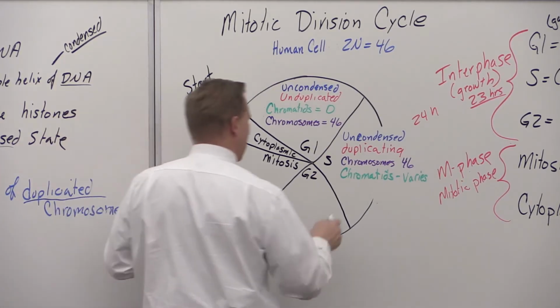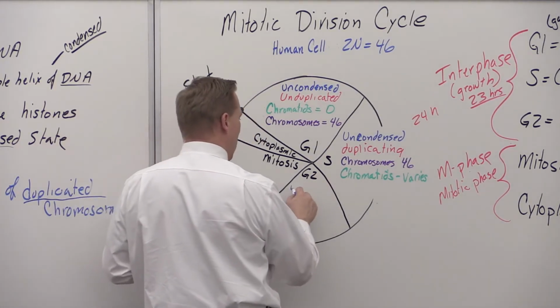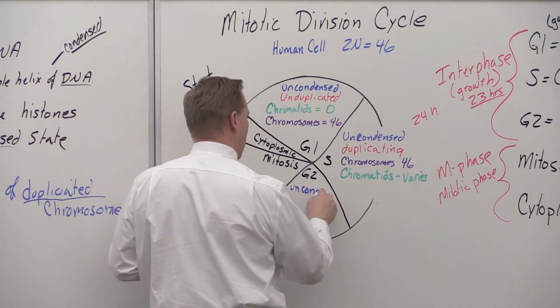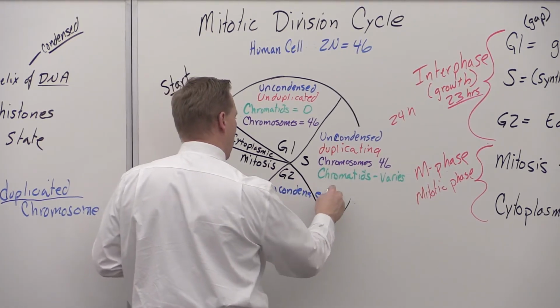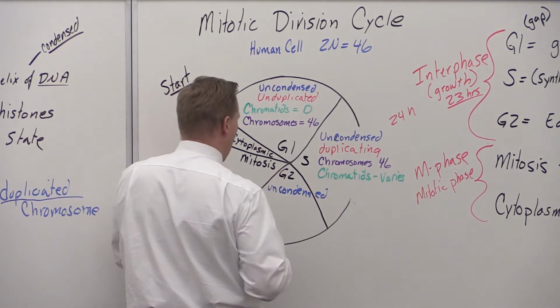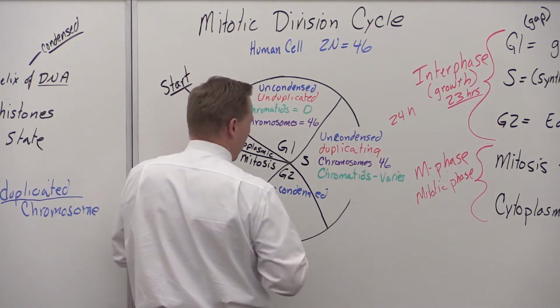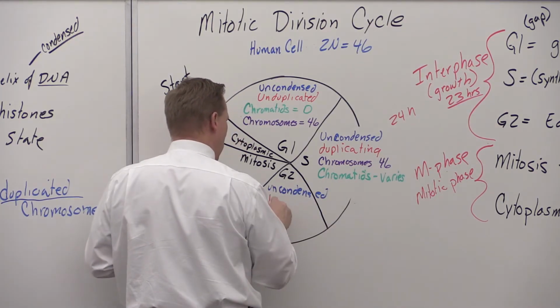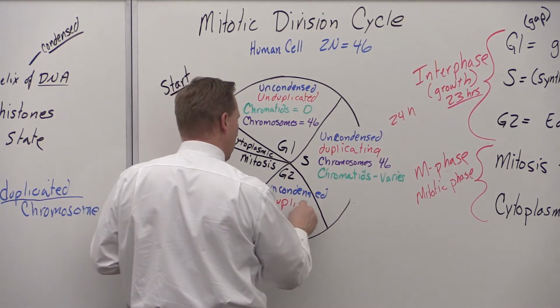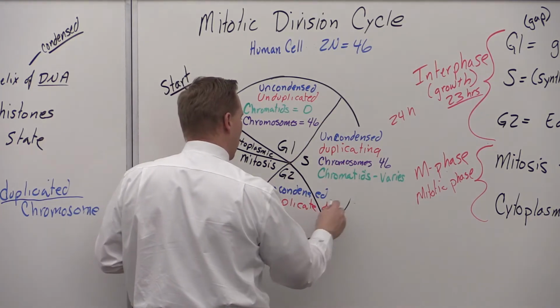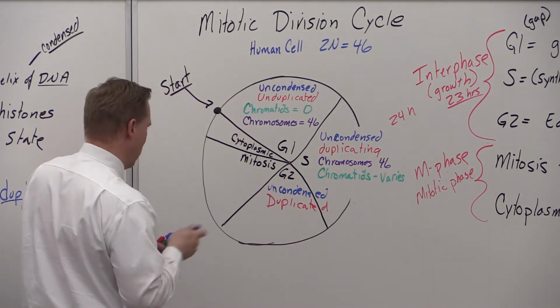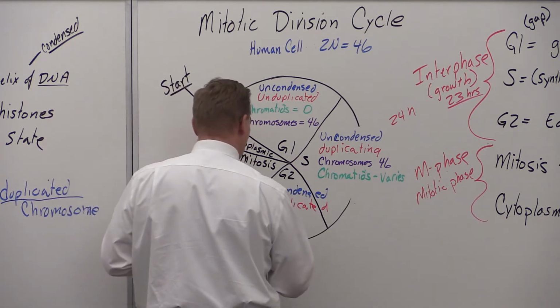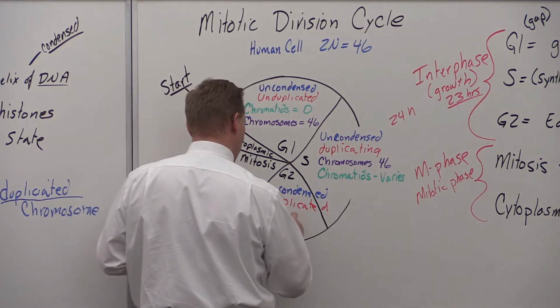So to kind of speed this up, in G2 we're still uncondensed. However, we've gone through S phase, so we now have duplicated chromosomes. We're now fully duplicated. The number of chromosomes is still 46.